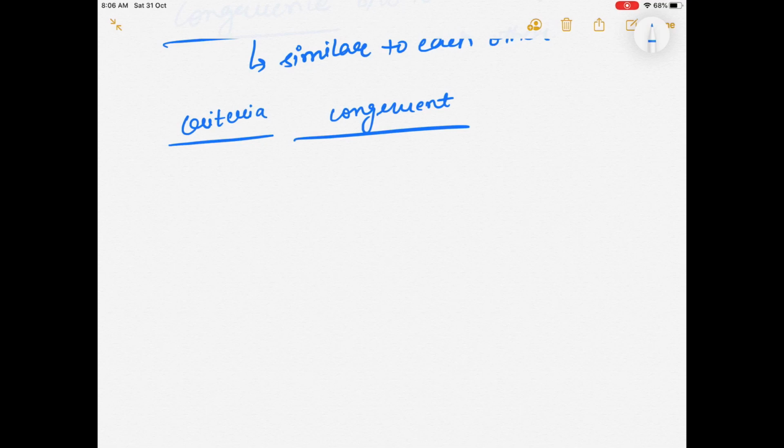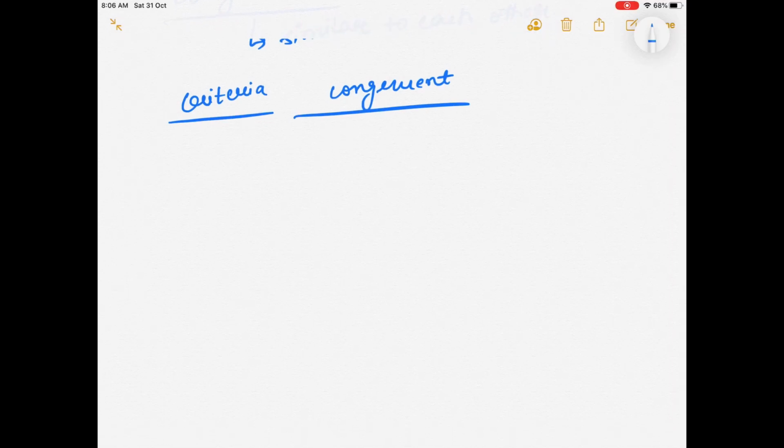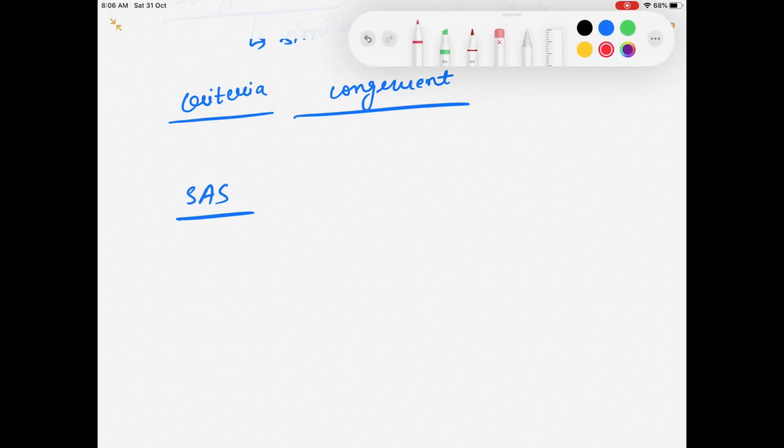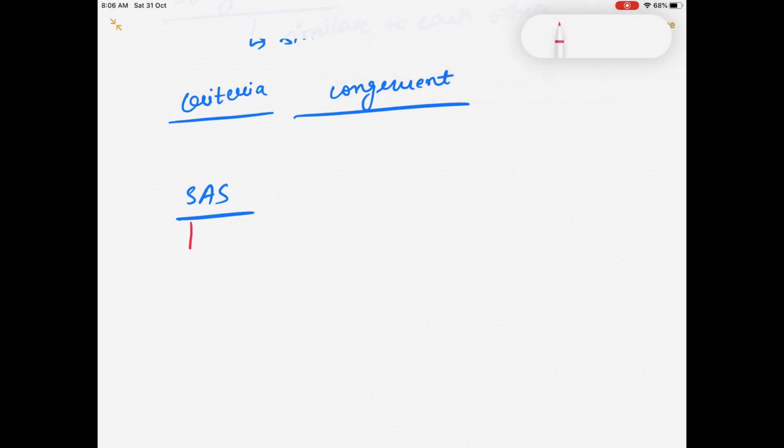The first criterion for the congruency of triangles is our first rule, or you can say our first axiom, that is SAS. What is SAS?